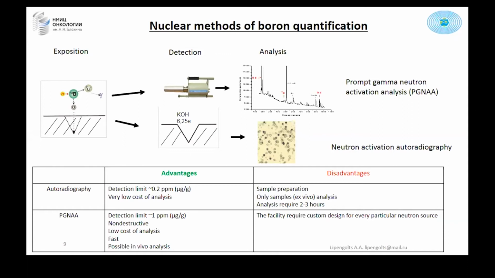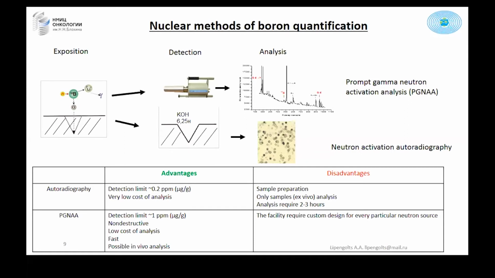If we have quite significant concentrations, let's say 50 ppm or even 100 ppm, then the whole analysis will take around 10 minutes. However, if we have to measure lower concentrations, about several ppm, then it may require several hours for data acquisition. And another advantage of this method is possible application for in vivo measurement.